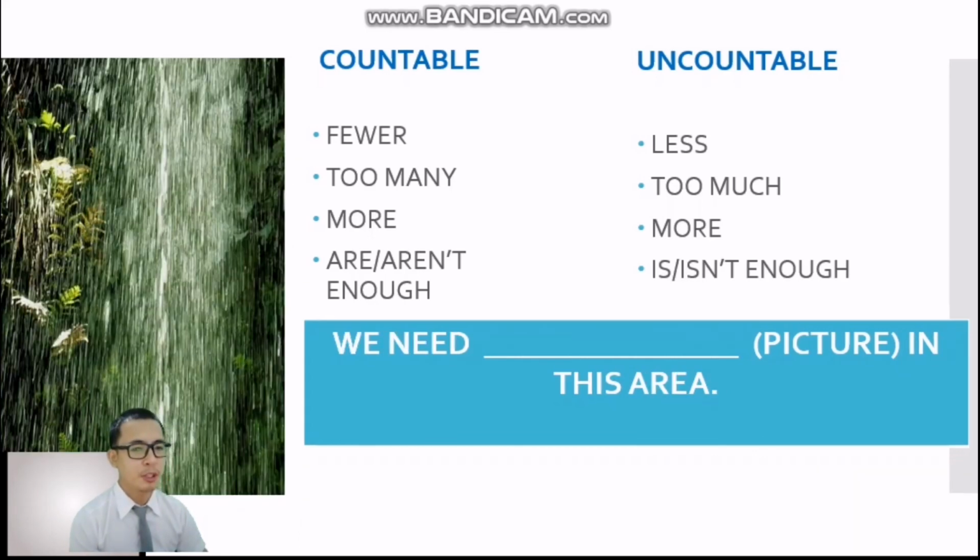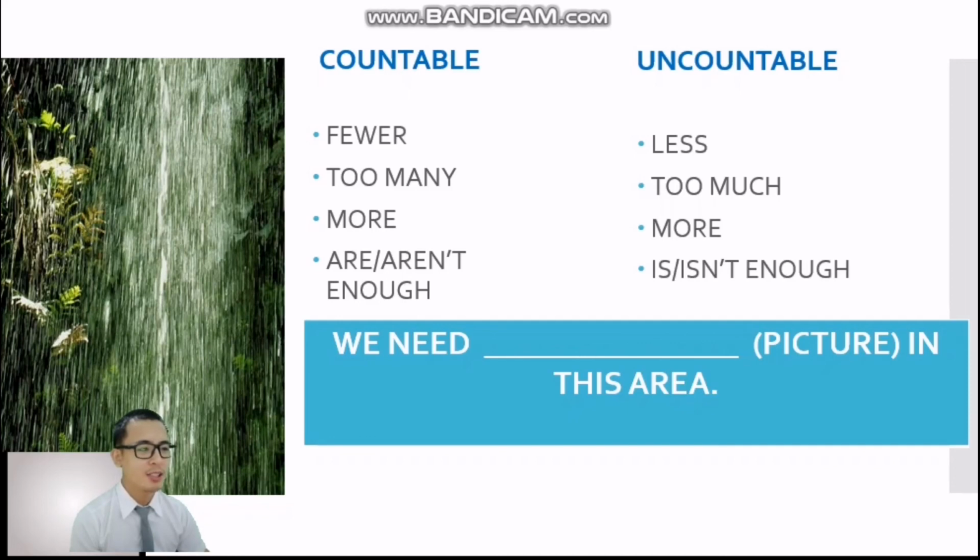The next picture is this one. Then proceed to the sentence. We need blank to picture in this area. Your time starts now. Time's up.